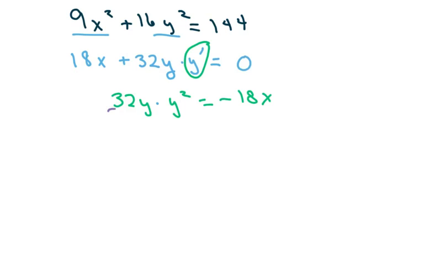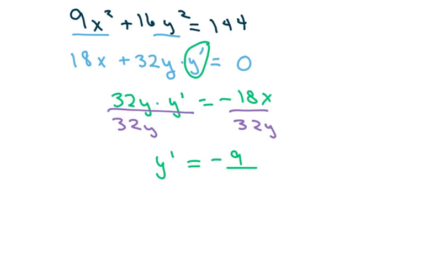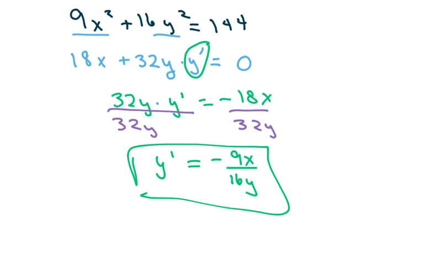And then I'm going to divide both sides by 32y. So that's y prime. So we get the derivative of y equals negative 9x over 16y, which matches our explicit differentiation.